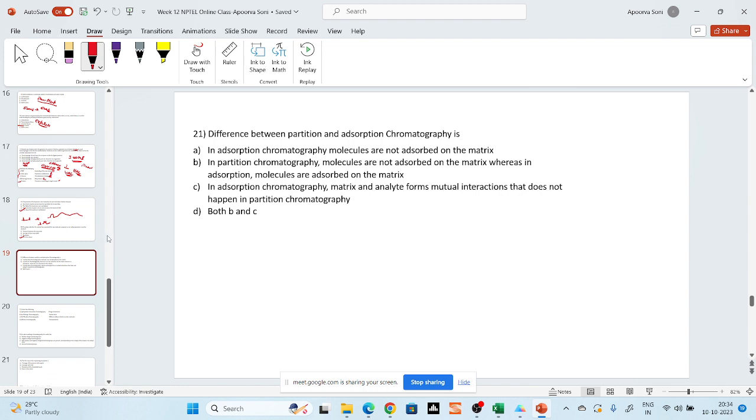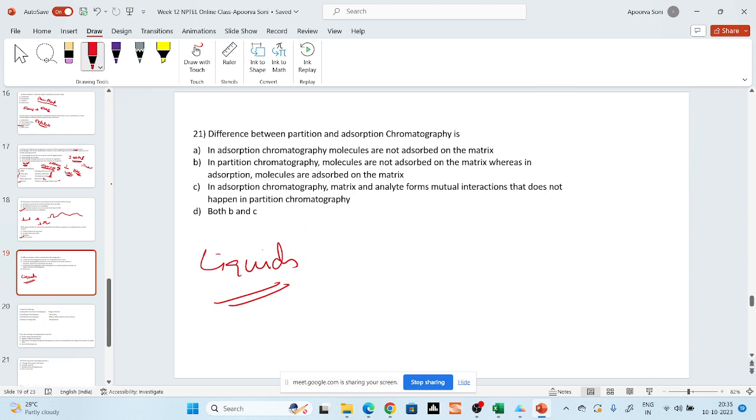Partition involves a mobile phase and a stationary phase, both of which are liquids, and your analyte partitions between the two phases. Suppose the two liquids are water and oil. One is an organic solvent, another is an inorganic solvent. Depending upon the nature of your analyte, the analyte will separate between the two phases.